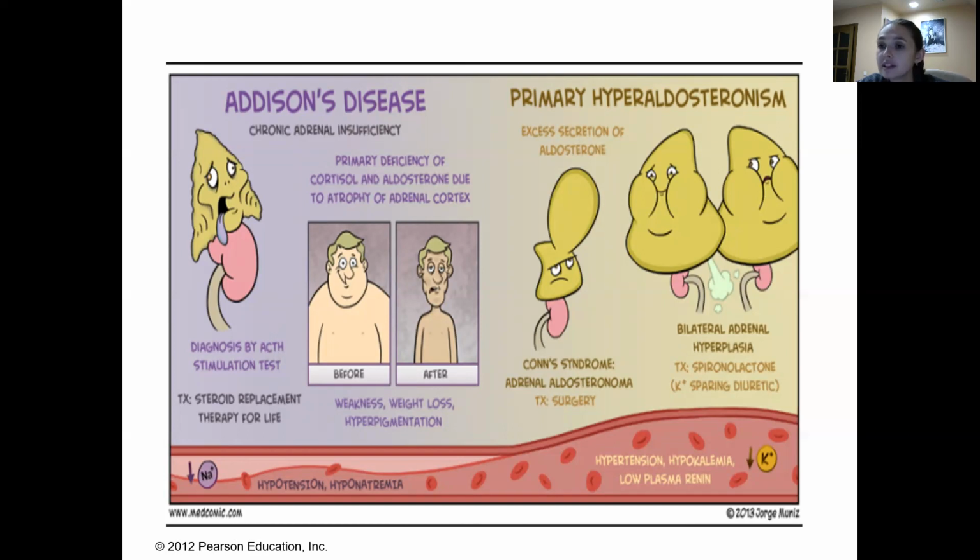So in the blood you will see a low level of potassium, hypokalemia. Due to the reabsorption of sodium, there is indirectly an increase in blood volume. Another common symptom is increased blood pressure, which will lead to arterial hypertension.